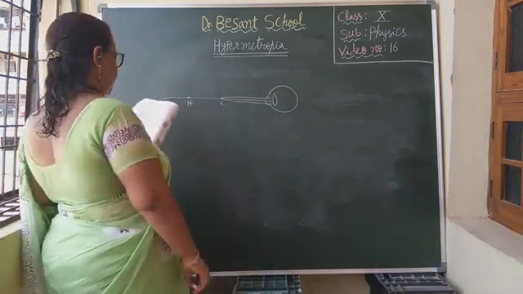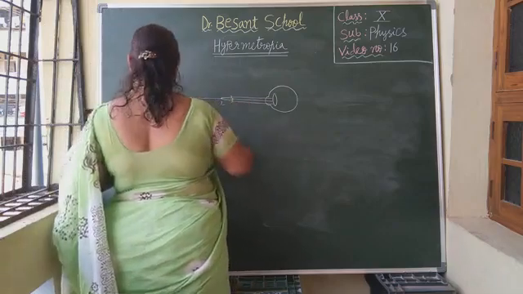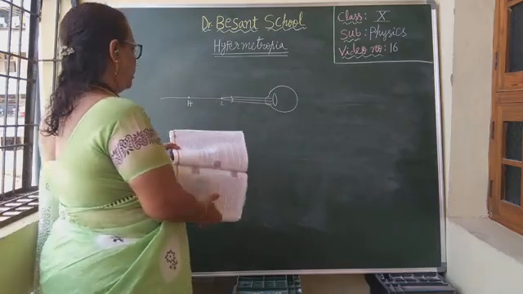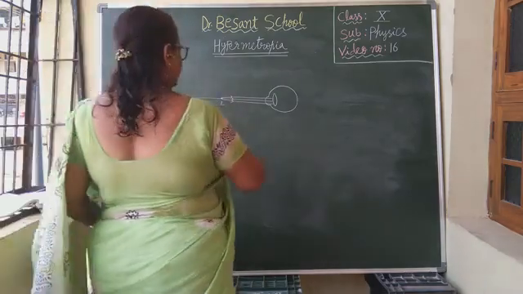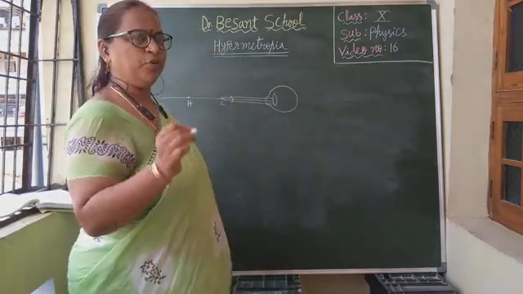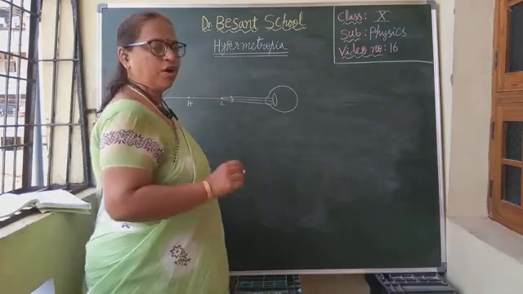The hypermetropic point. Okay. And these are incident rays. Now, when these rays are passing like this, the refracted rays are converging beyond the retina. But to make them converge exactly at the retina, what lens should we use?